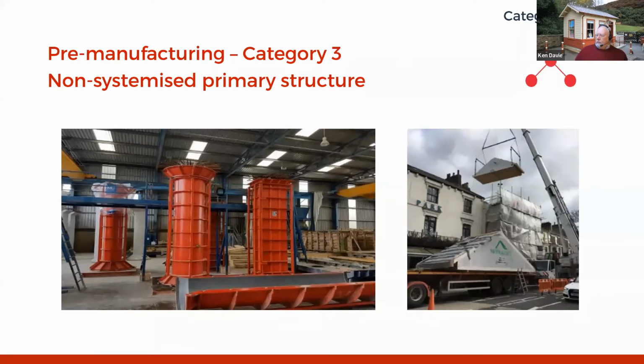Not so much the one on the right, which is actually a prefabricated loft extension being lifted into place. But certainly there may well be a place for category 3. And I would imagine that there will be instances already where, say, bridge beams, which you would class as non-systemized primary structure category 3, are being used on a regular basis on highways projects.